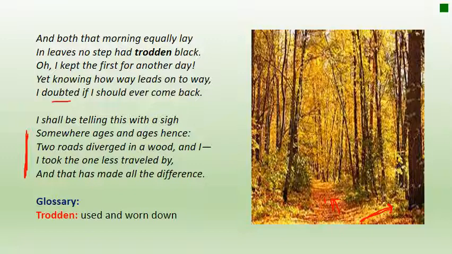I took the one less traveled by, and that has made all the difference. Of course, the roads we take, the choices we make, will make a lot of difference. The word trodden means used and worn down. I'm going to explain the different words if you have any problems with them during Zoom Live, of course.